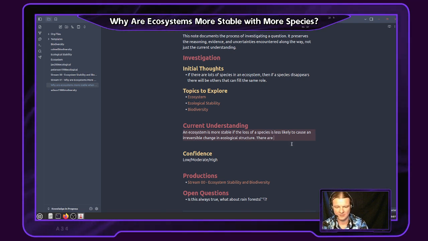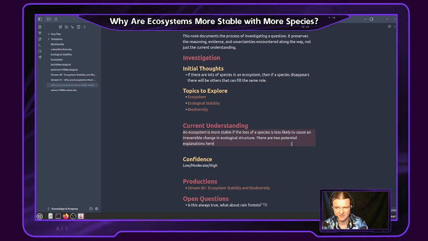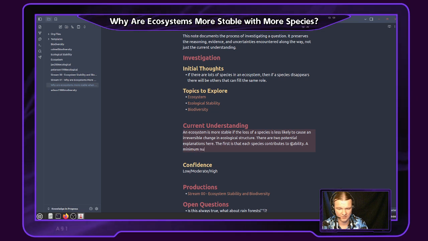There are two potential explanations here. The first is that each species contributes to stability. A minimum number of species is required for resilience.